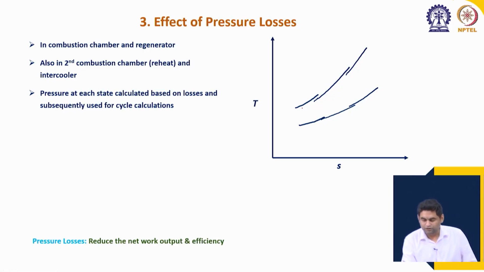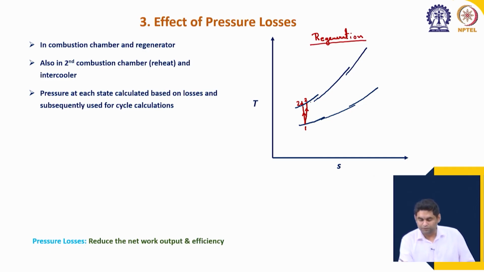For the compression process we are going from 1 to 2. So this is 1, this is 2s. Instead of 2s we will go to slightly higher entropy, which is state 2. Now, if we have a regenerator, so this is with regeneration present.